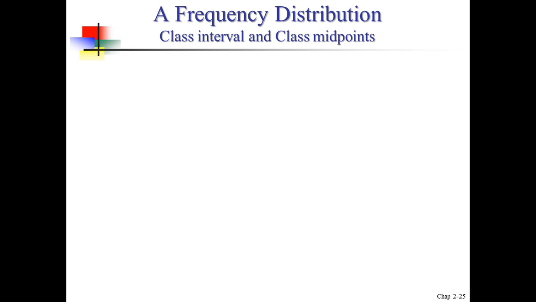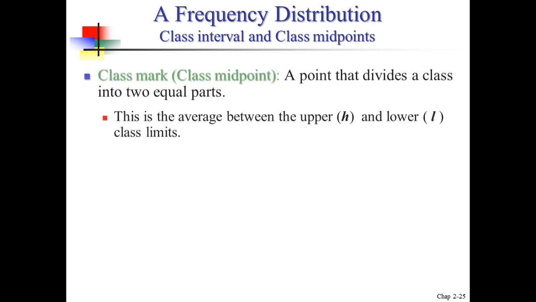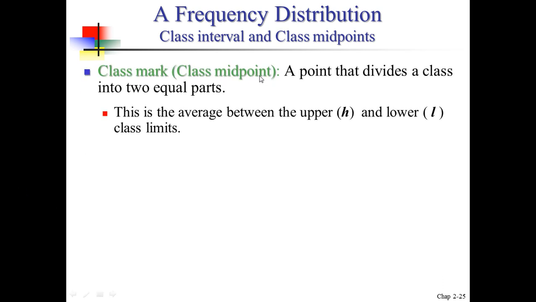Yes, maybe I go to that one before. Class mark, class midpoint. You know midpoint? Based on our concept, we have L and H, lower and higher. Lower means beginning, higher means ending.